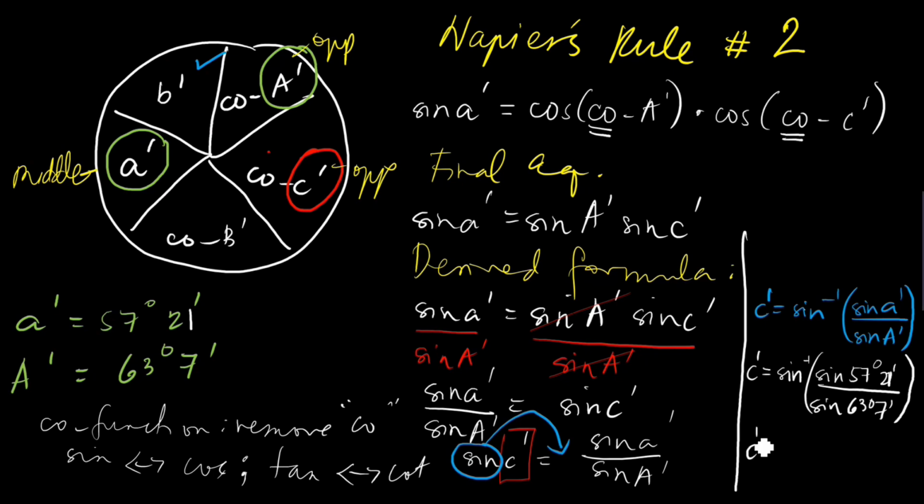Then input this in your calculator. So the answer is 70 degrees, 44 minutes, and 4.92 seconds.